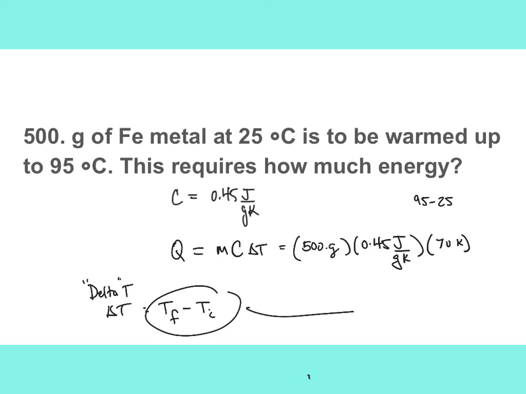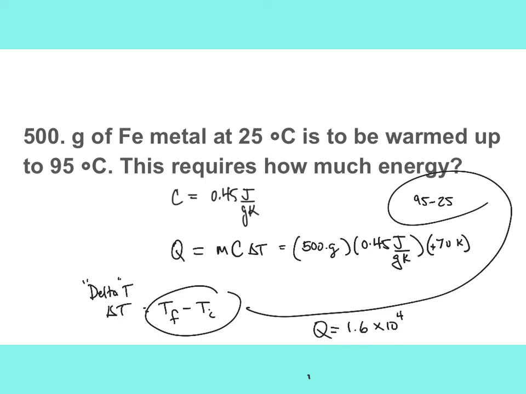So that's why I'm using this equation to find the delta T, and therefore the delta T in this case is a positive temperature change. When we do this calculation, we come up with a value of 1.6 times 10 to the 4th joules.